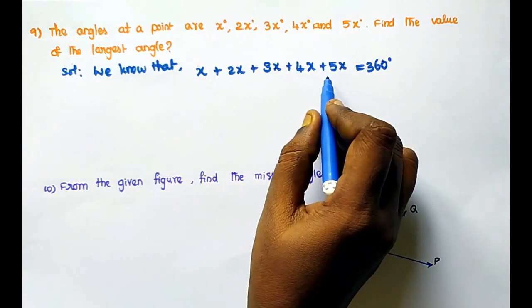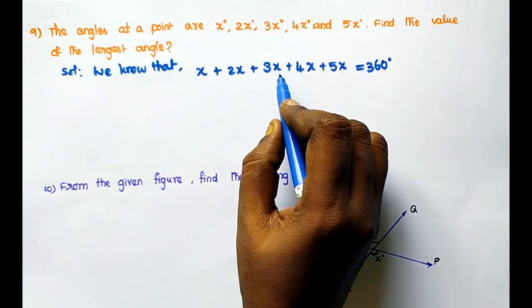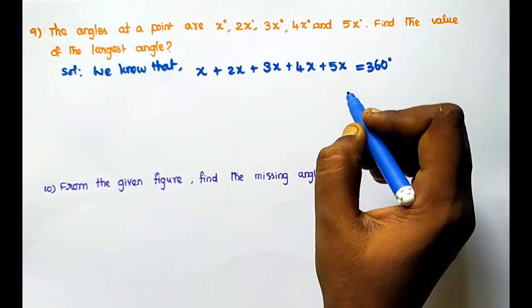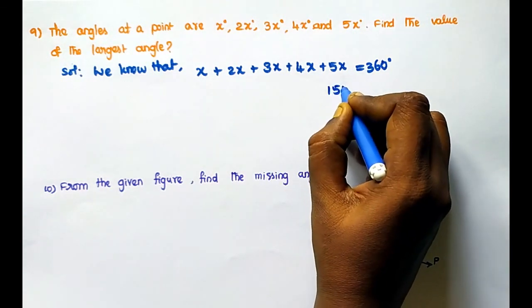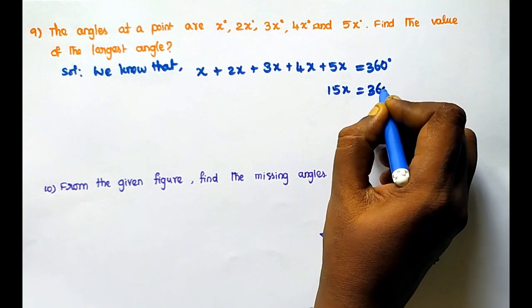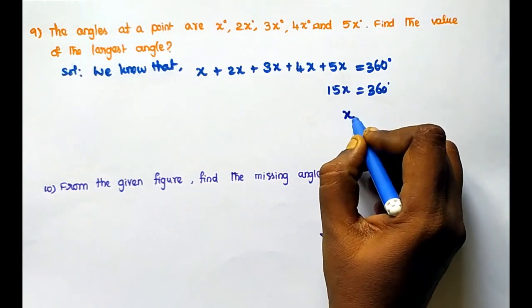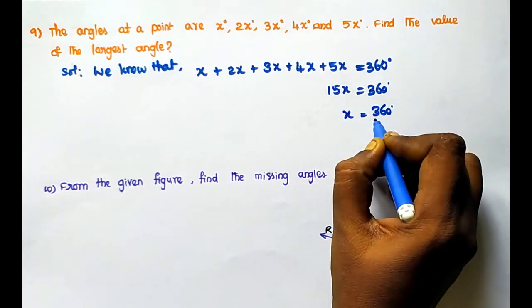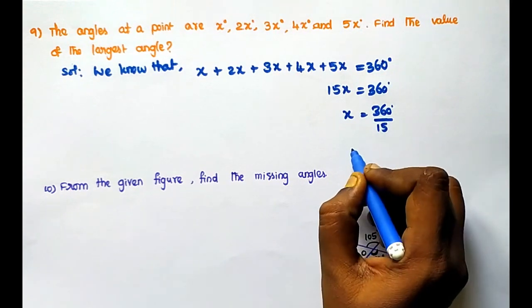So 3x plus 6x plus 10x plus 5x means 15x equal to 360 degree. So x equal to 360 degree divided by 15.